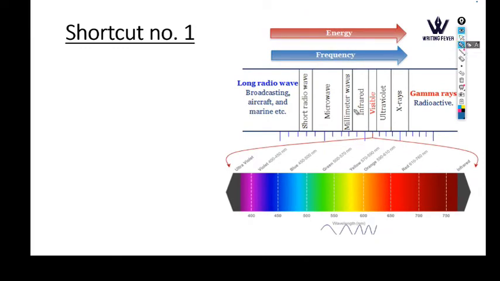you can see that the gamma ray has the highest energy as well as the highest frequency, but we cannot easily remember that the highest frequency is gamma ray, then X-ray, then ultraviolet, then visible, then infrared, then microwave, then short radio wave, then long radio wave, or we can also call it a radio wave.